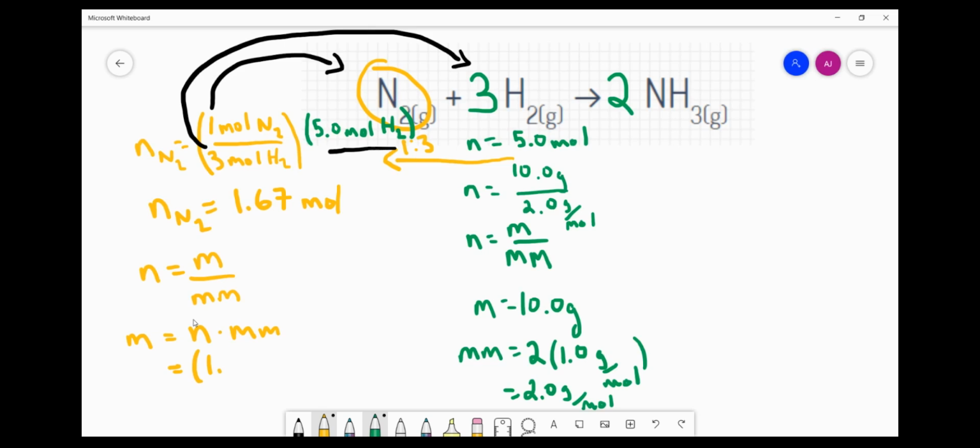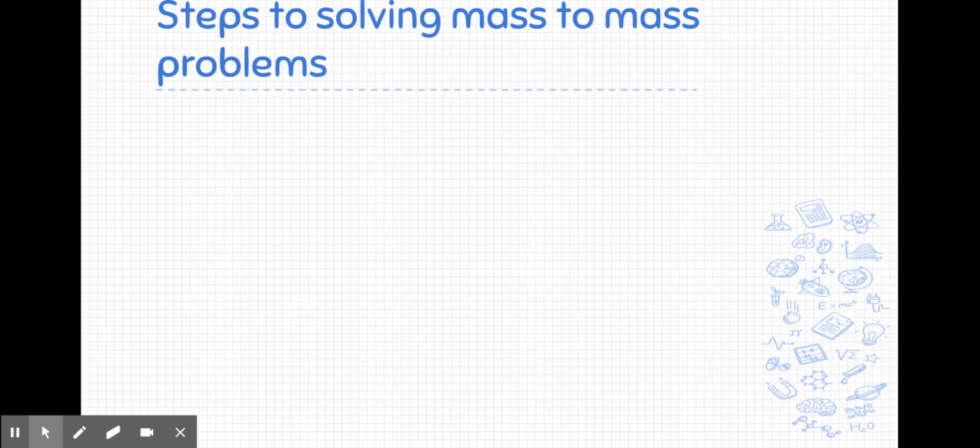The mass of nitrogen is going to be equal to 1.67 moles, and nitrogen, N2, has a molar mass of 28.0 grams per mole. So 10 grams of hydrogen will react with 46.67 grams of nitrogen.